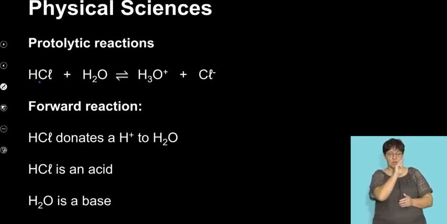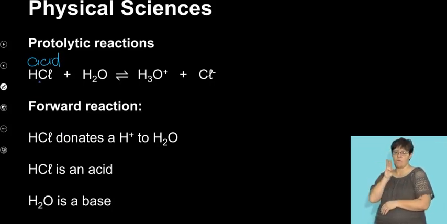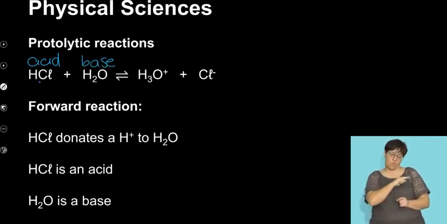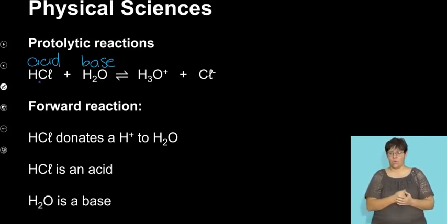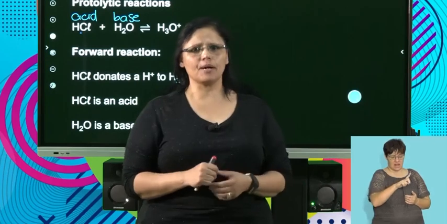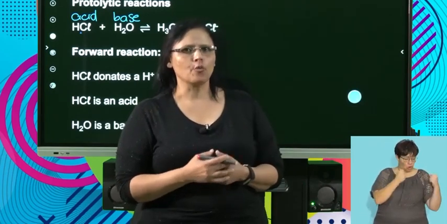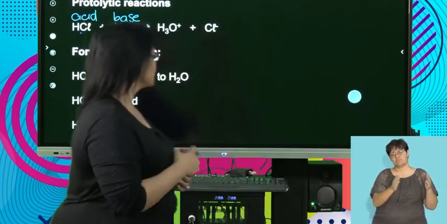So when we look at hydrochloric acid, it will be the acid here. Because we're reacting it with water and hydrochloric acid is an acid, it simply means that water is our base here. Except for the fact that hydrochloric acid is an acid and water is a base, we also know that hydrochloric acid is a strong acid, which means at equilibrium, the equilibrium will lie to the right.